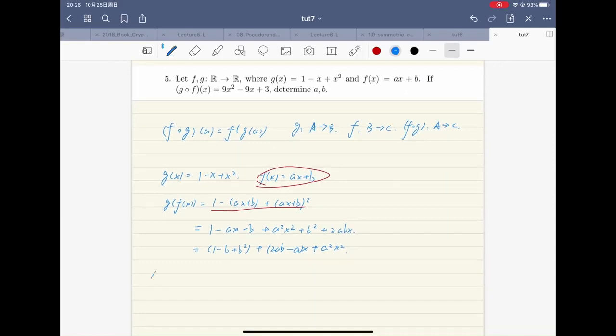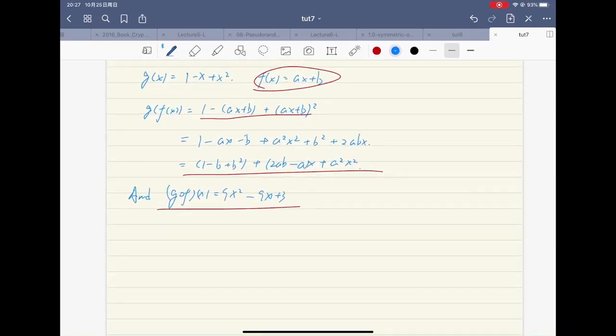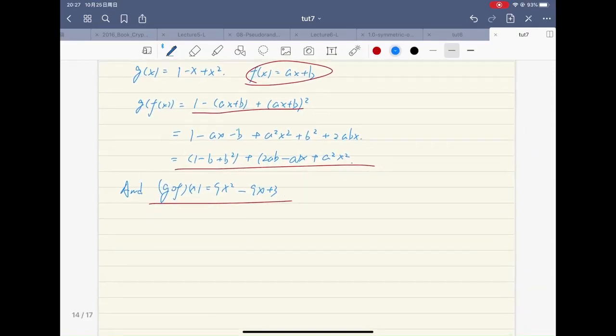And we also have g composite f(x) equals 9x squared minus 9x plus 3. So by comparing the coefficients in these two equations, we can have 3 equations.